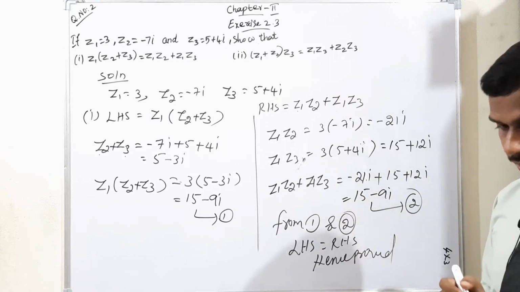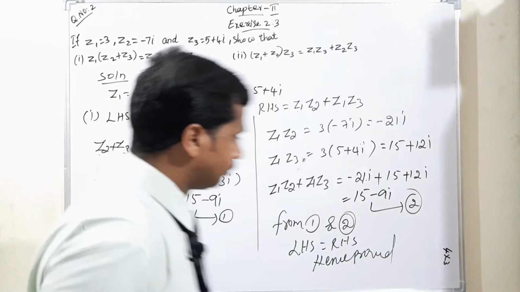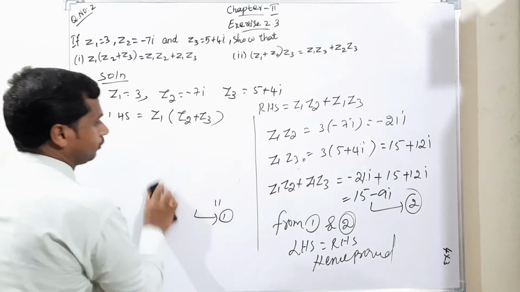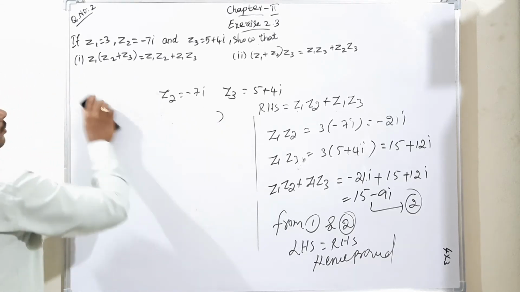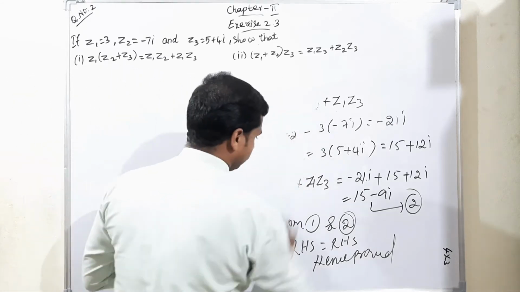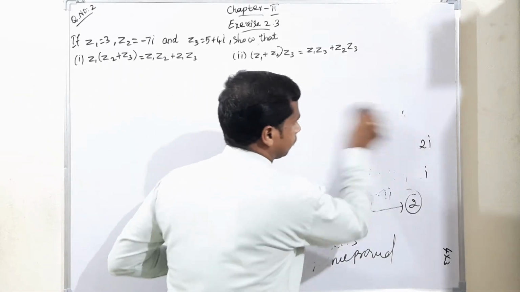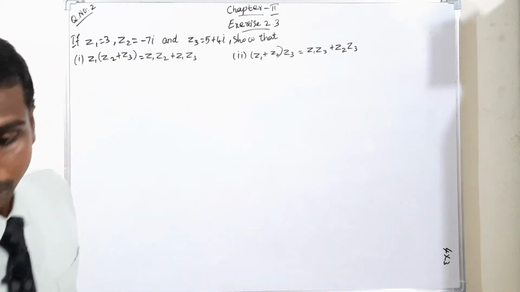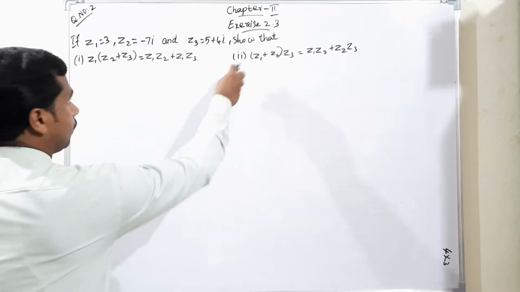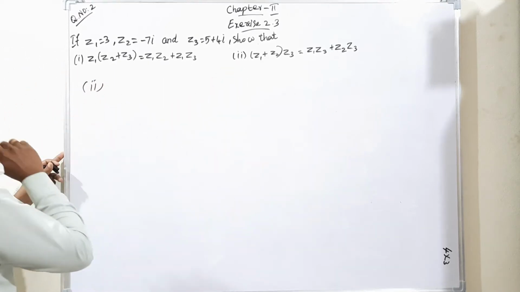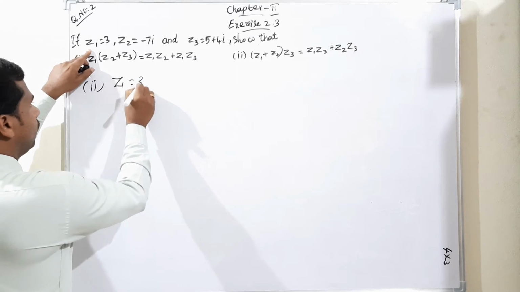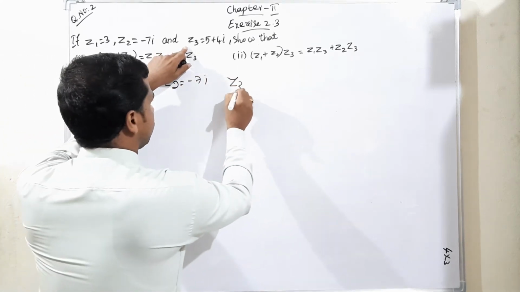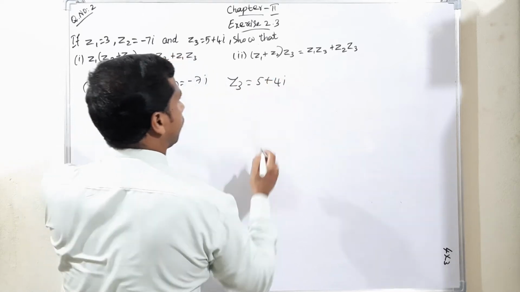Now I am moving to subdivision 2. So subdivision 2, again Z1 is equal to the same 3, Z2 is equal to minus 7i, Z3 is equal to 5 plus 4i.